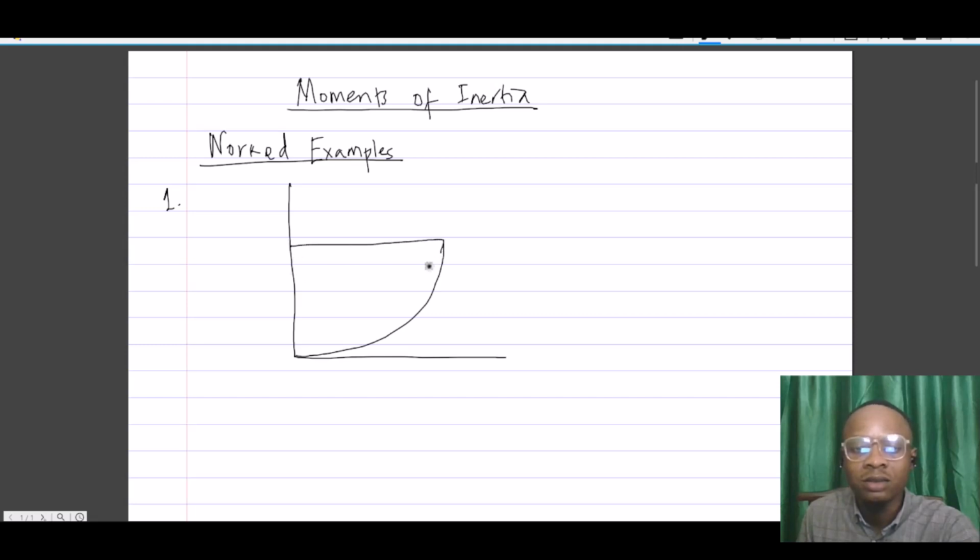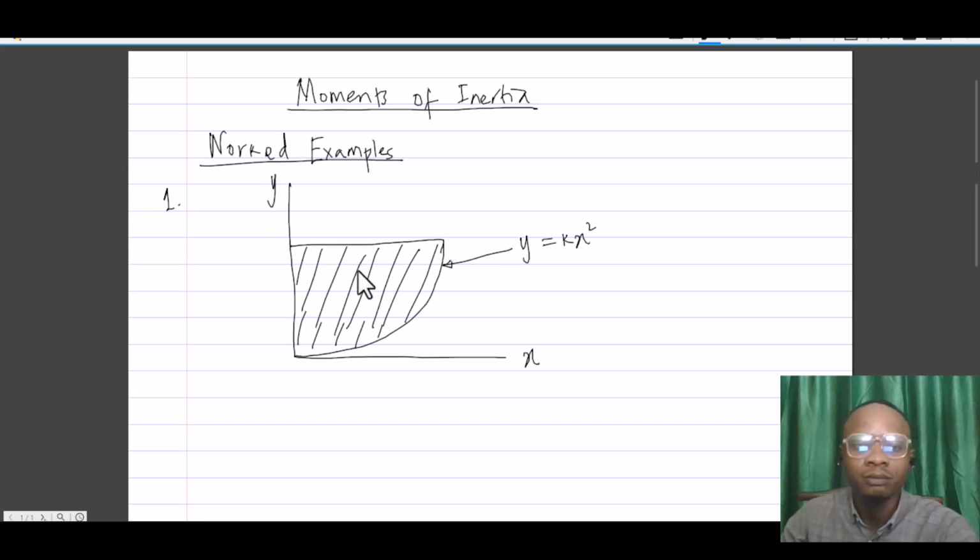So this is horizontal, and then we are told that this is a curve with equation y equals kx squared. This is the area we want to find its moments of inertia, about the x-axis and also about the y-axis.